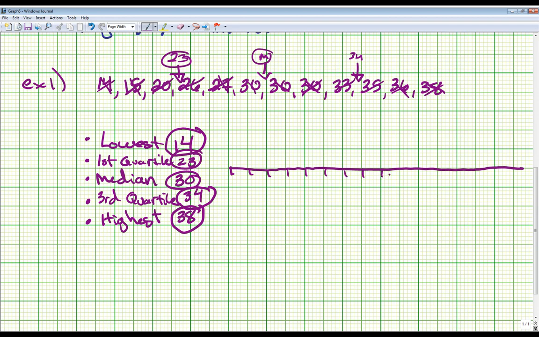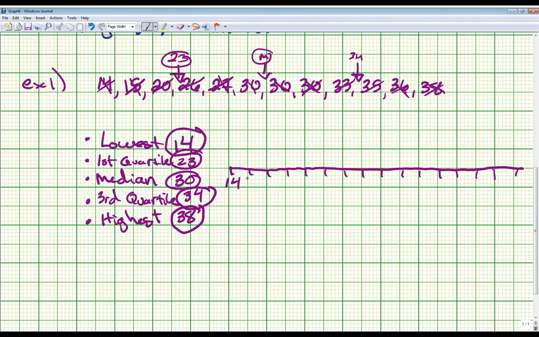Now here is where a lot of kids go wrong. They just decide, I'm going to put these 5 numbers, 1, 2, 3, 4, 5, right there. But you can't do that on a number line. You have to pick a scale. So maybe go by 2s or 5s or something where you could get from 14 all the way up to 38. So if I went from 14 to 38 by 2s, I might be able to get there here.